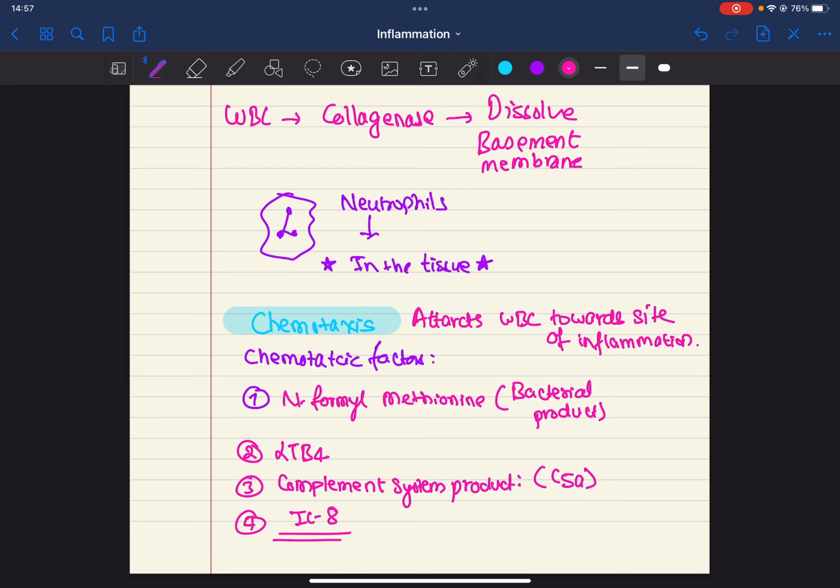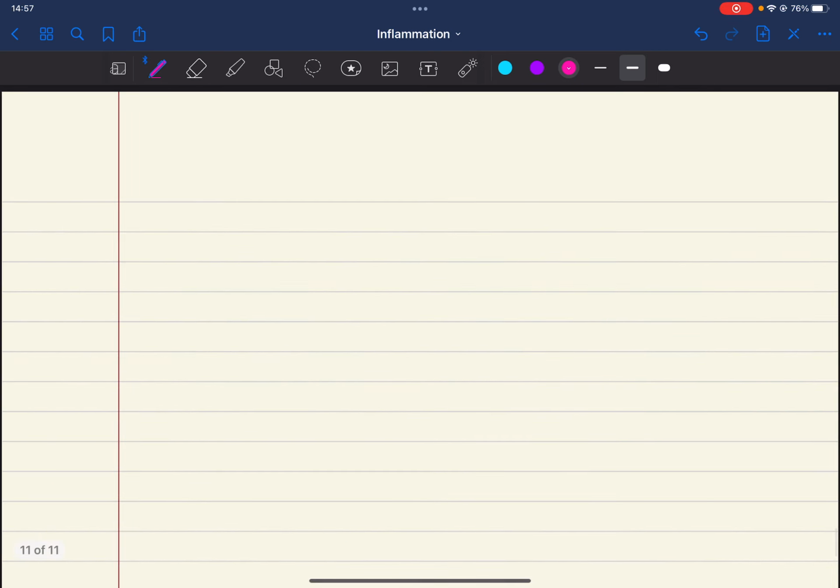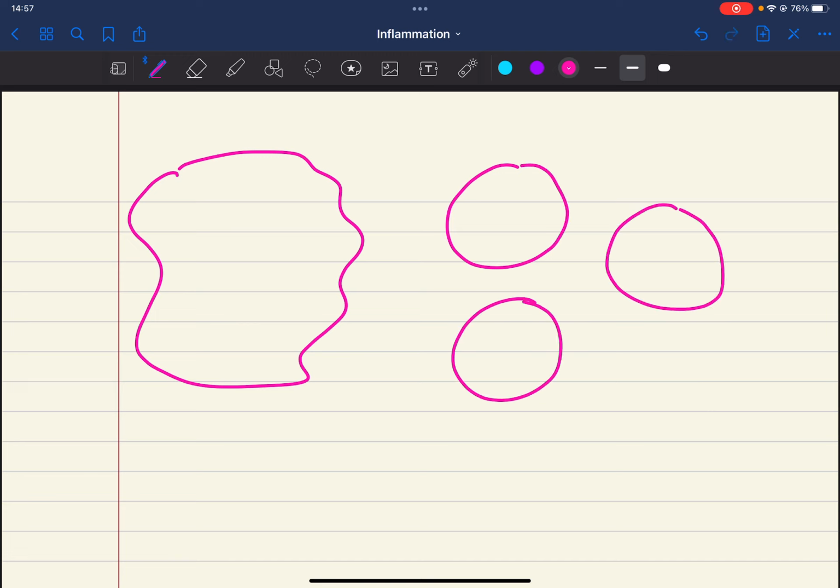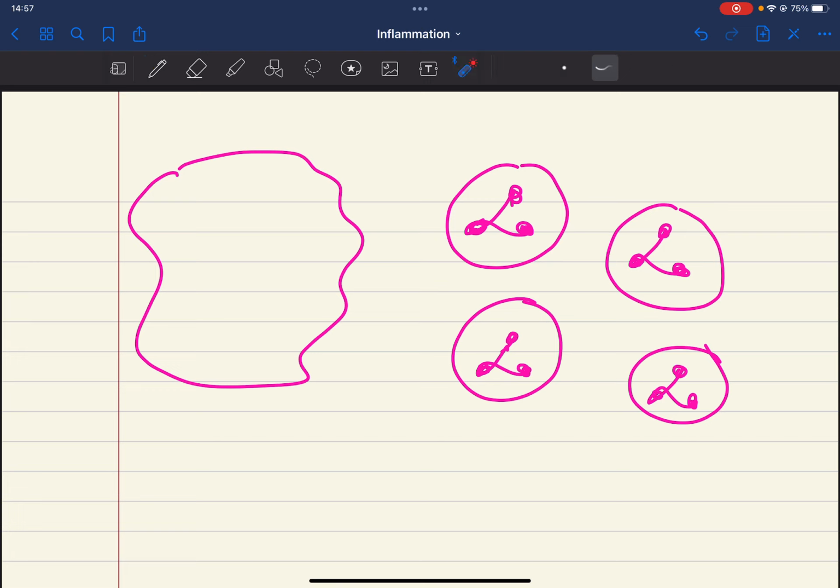These are the things we have discussed up to here. Now after this, they are coming to the site of inflammation. This is the site of inflammation, and now WBCs, neutrophils, are there. Now how does this neutrophil recognize the bacteria?